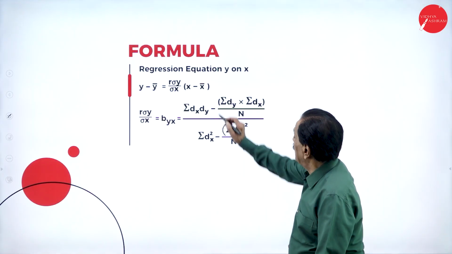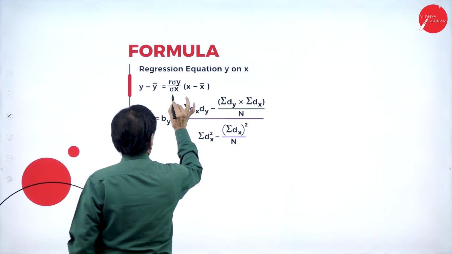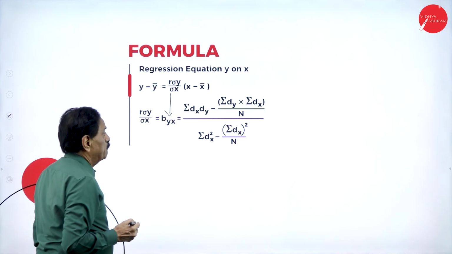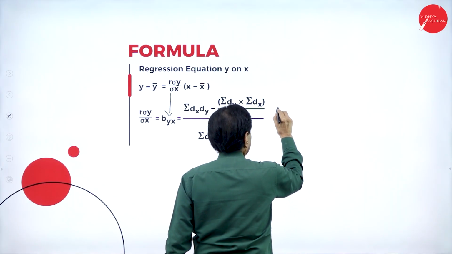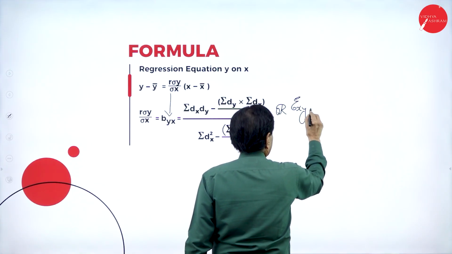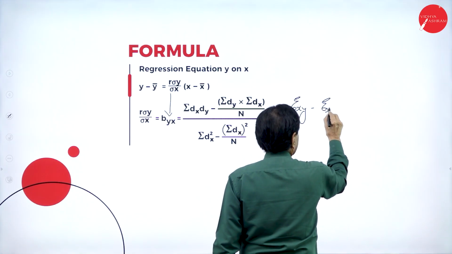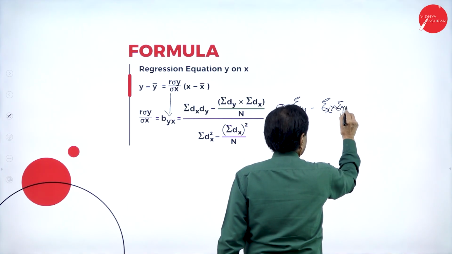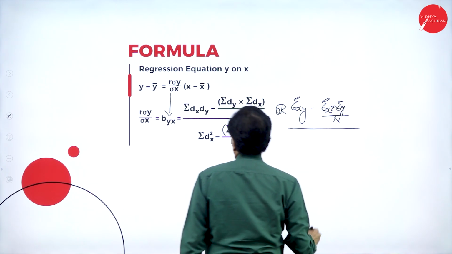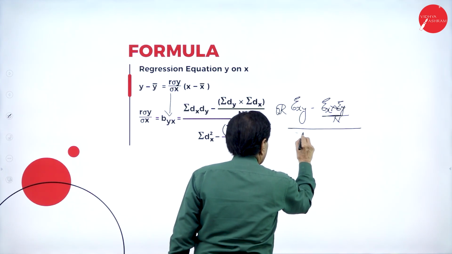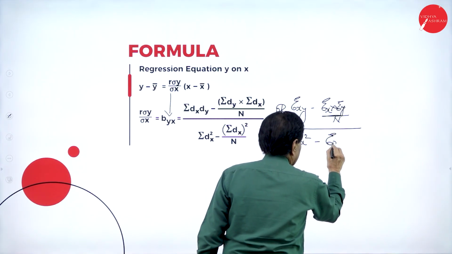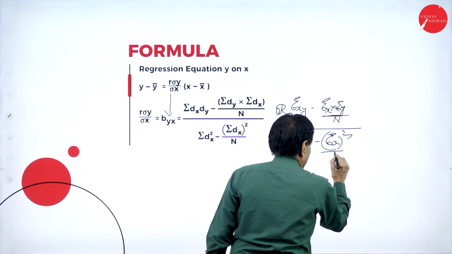Come back here. Regression equation y on x: y minus y mean equals r into standard deviation y over standard deviation x. So this will be byx, or sigma xy minus sigma x sigma y divided by n, whole divided by sigma x square minus sigma x whole square divided by n.